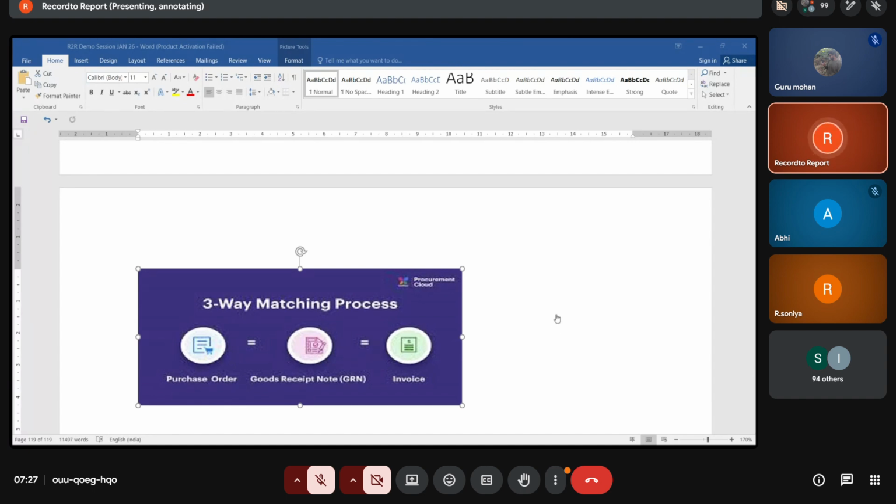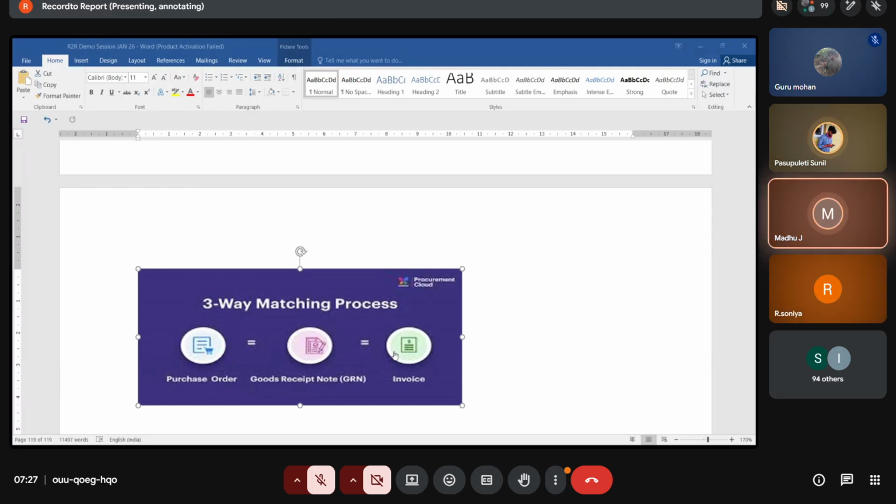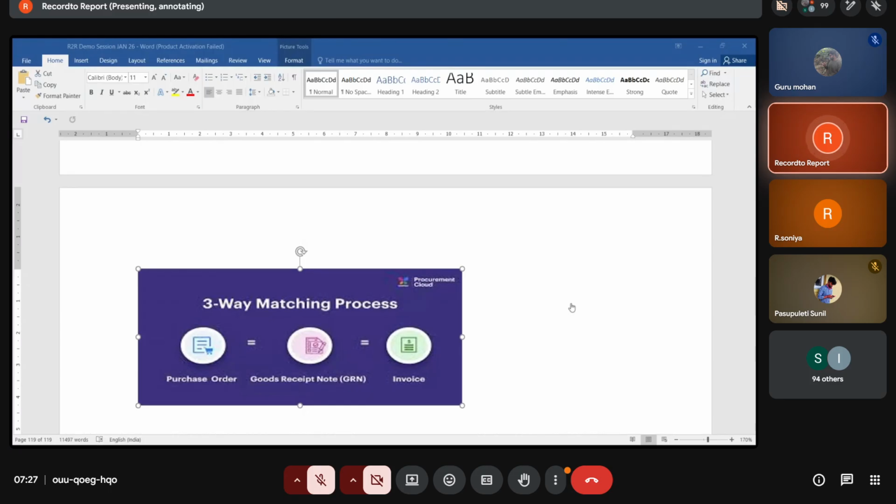Example, you order a product, and they're showing more cost while making the payment. Will you make the payment directly, blindly, or will you call the customer care and ask the reasons? We'll call the customer care and ask the reasons. Same way, the companies will not directly do this kind of thing. So they will be having three-way matching.